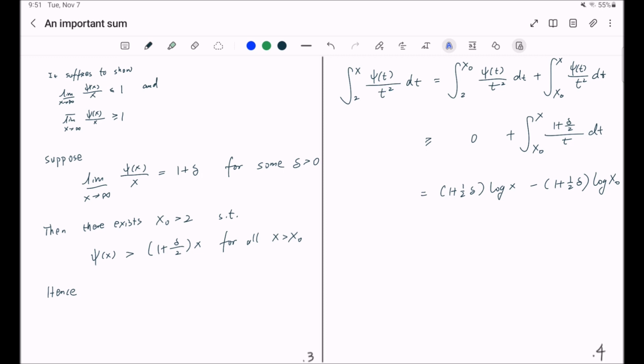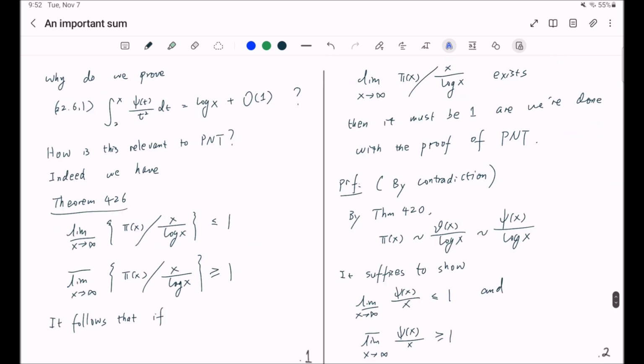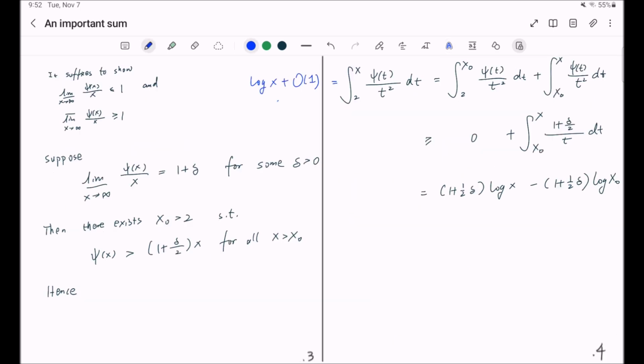because on one hand we just showed that this integral is log of x with coefficient 1 in the front plus big O of 1. This is 22.6.1. On one hand, we have this. On the other hand, on the right-hand side, you get a coefficient strictly bigger than 1 times log of x. So there's a contradiction as x goes to infinity.